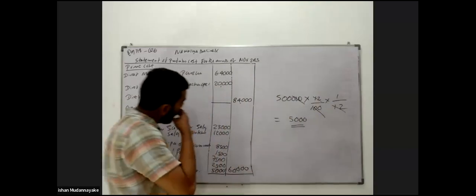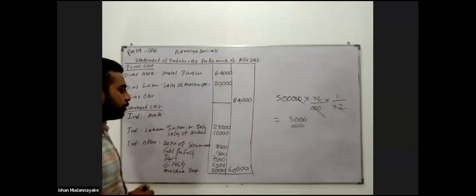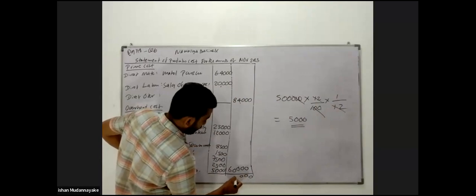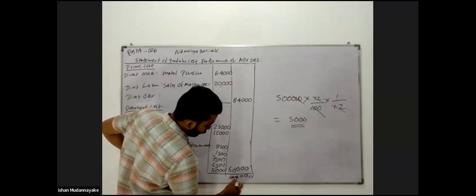Then students, direct cost plus indirect cost, total amount how much? 144,000.